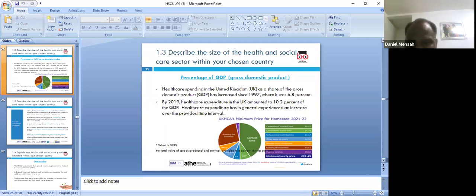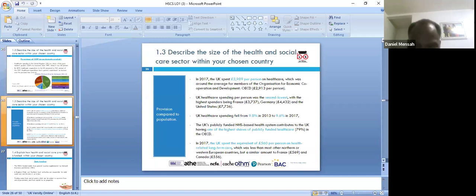And the gross domestic product is always increasing. In 1997, it increased to about 6.8%. In 2019, there was a huge increase to about 10.2% of GDP growth. Okay, it's massive, and it's been increasing every now and then.